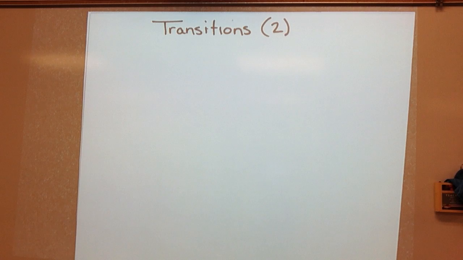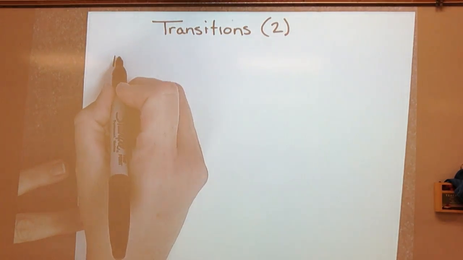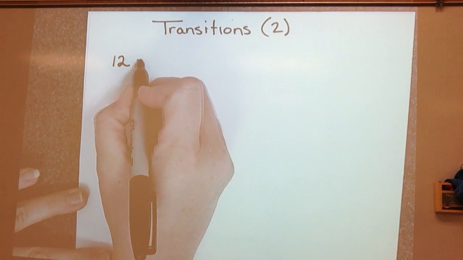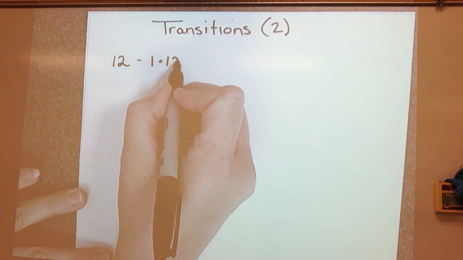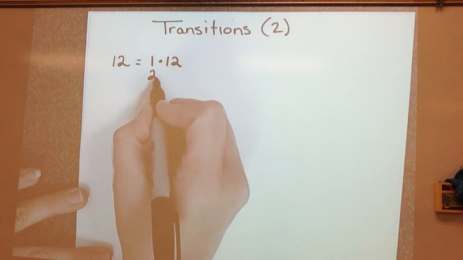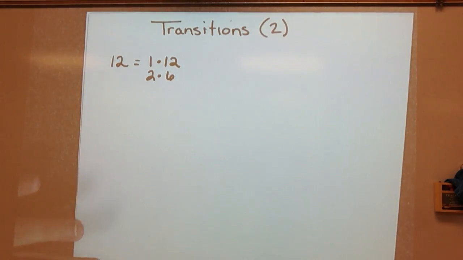Alright, so when you are dealing with a positive integer, those positive integers can be factored many different ways. Let's take the number 12 for a moment. If you think about 12, you can factor that as 1 times 12. You can factor that as 2 times 6.